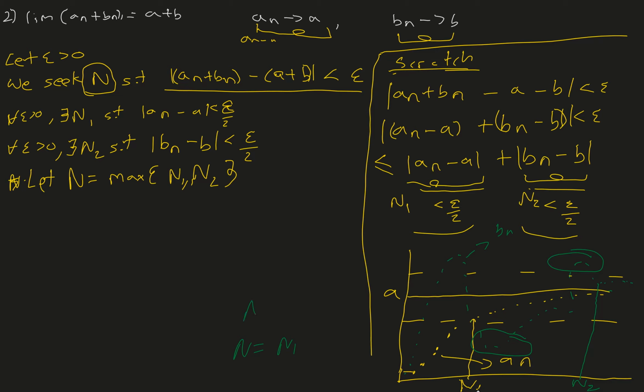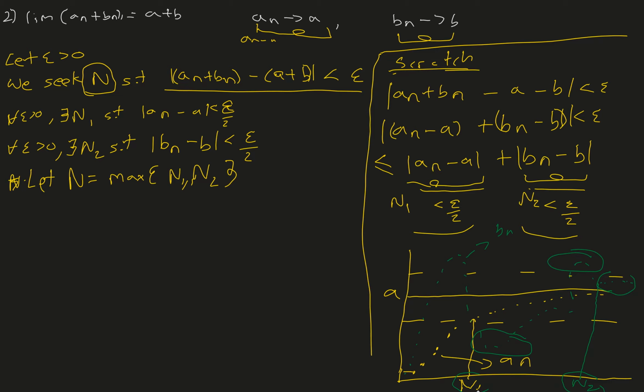But if we choose n as n2, we're guaranteed that both sequences are in the tube, since n2 is the maximum and comes after n1. All the yellow terms are in the tube, and so are the green terms. They're all in the tube. Therefore, we choose n to be the maximum of n1 and n2.